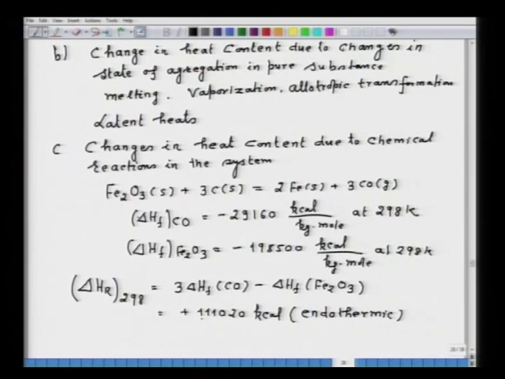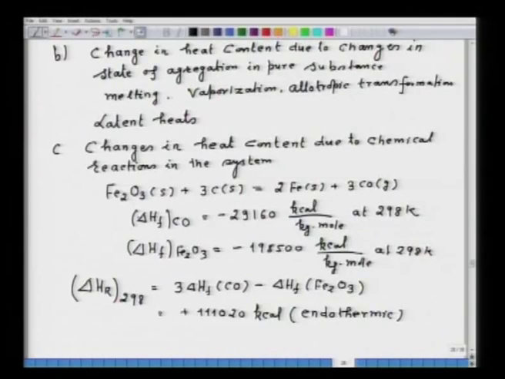Now, this reaction will have 111020 kilocalorie. Now, you can say per kg mole of Fe2O3 or per kg mole of carbon or per kg mole of iron, whichever way you want to say. So, that is what the calculation on the heat of reaction. Now, let me take another example.